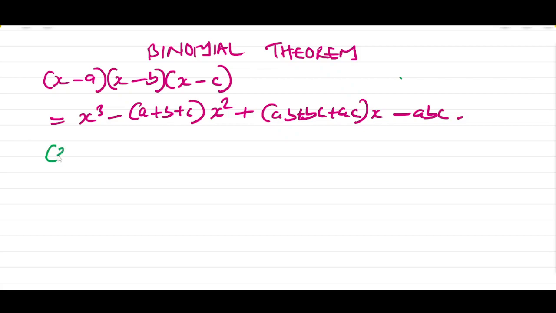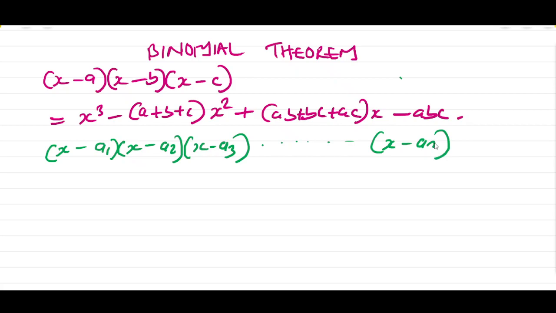Let's say we have x minus a1, x minus a2, x minus a3, then we have it continuously, up to x minus an. So we have n factors in total.